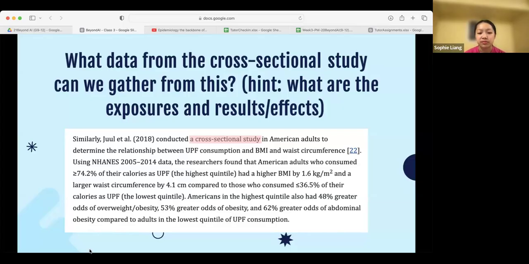It's okay if you're wrong. Okay, can anyone tell me anything you see in this passage that might be some kind of data?